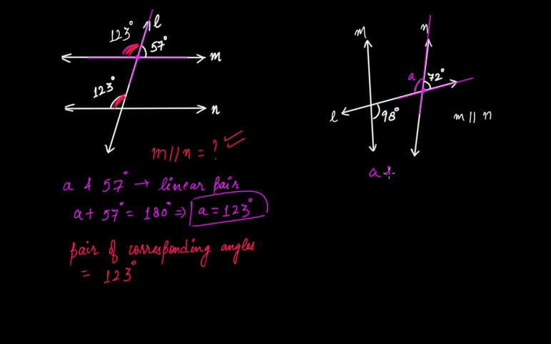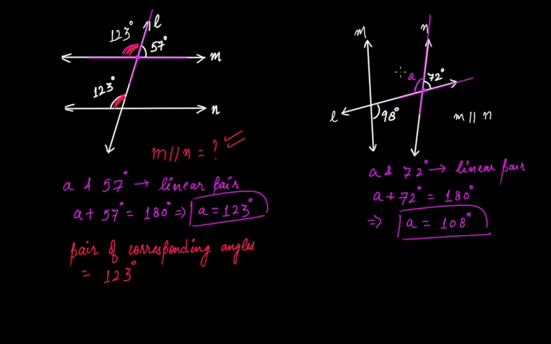Since A and 72 degree are a linear pair, therefore A plus 72 degree should be equal to 180 degree, and if you solve this, you will get A is equal to 180 minus 72, and you will get 108 degree. So this A comes out to be 108 degree.